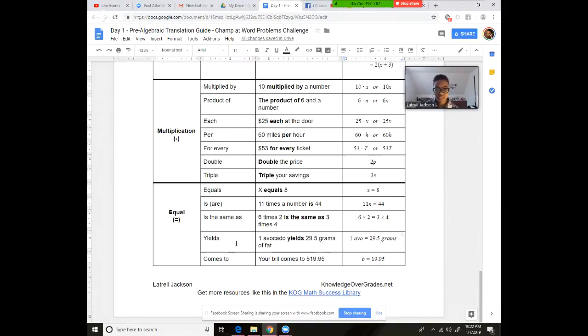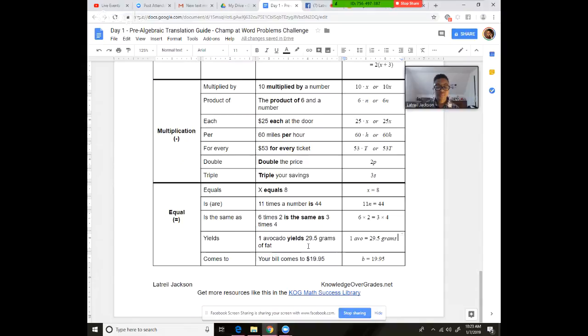Let's do "yields," and then I'll show you the game. So one avocado yields 29.5 grams of fat. One avocado, I put avo just to abbreviate, yields or equals 29.5 grams.